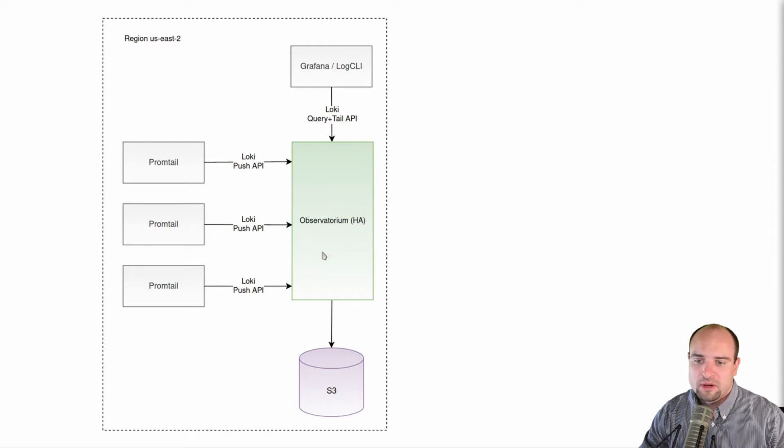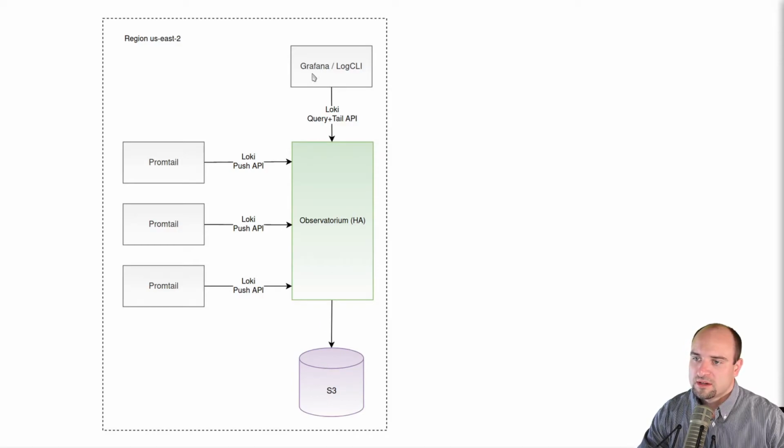In the region, there are multiple OpenShift clusters. We deploy Prometheus on each of those OpenShift clusters so that it can collect the logs from the cluster and send them to the regional Observatorium instance. The logs will end up persisted on the S3 bucket within the same region.